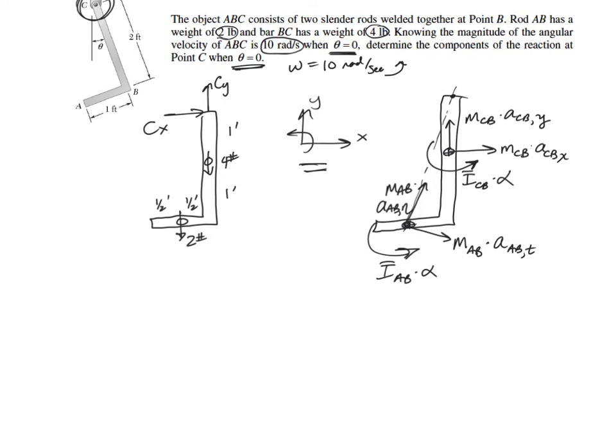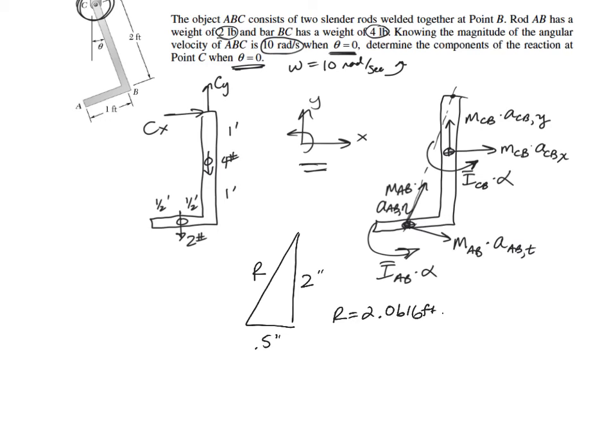We can highlight a triangle in there, which would be 2.5 inch, and this would be R. And so if we solve for R, you end up with 2.0616 feet.